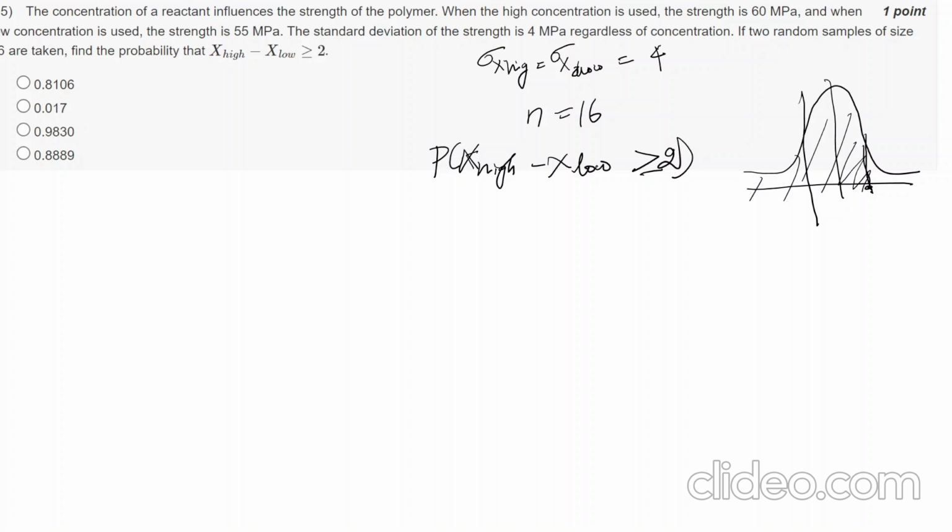So first we have to find... we will assume this difference like a single variable. Mean of the difference, because here also we are going to find the z score and proceed, because we have no other group.